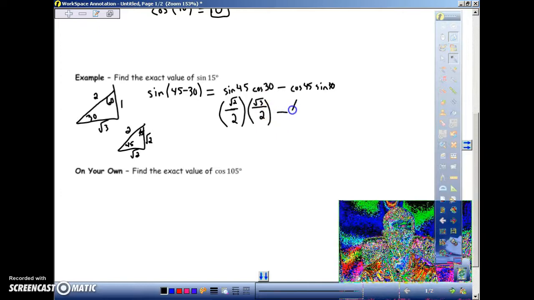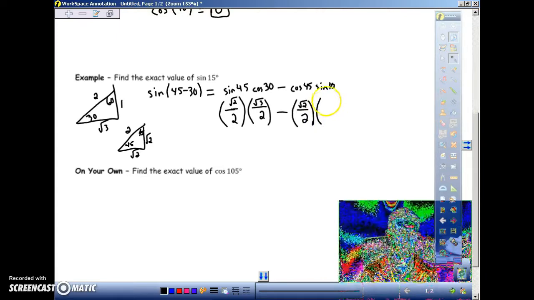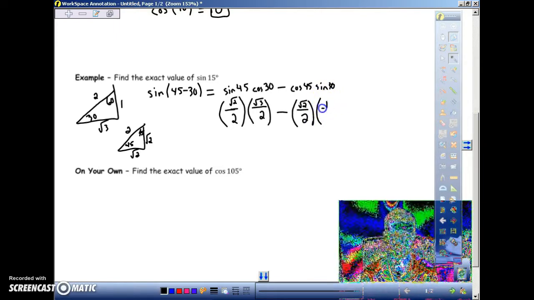And then that'll be minus the cosine of 45, which is square root of 2 over 2. And then we have our sine of 30, which is going to be 1 over 2.